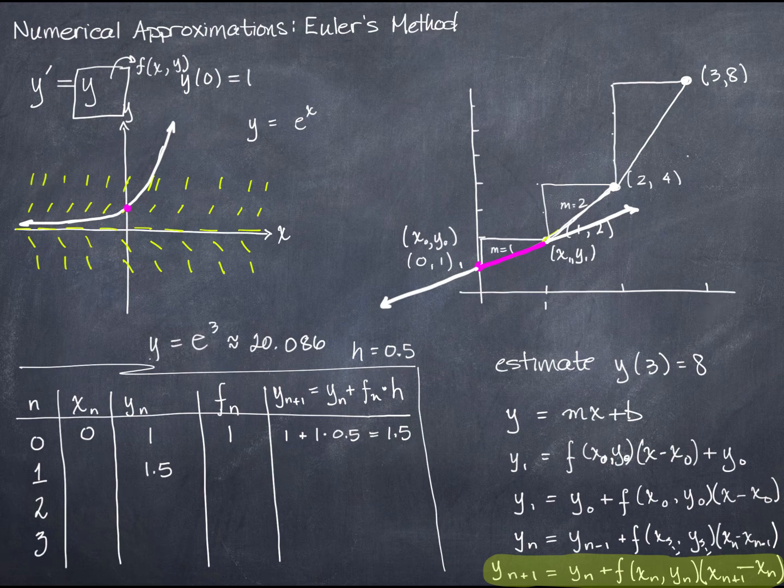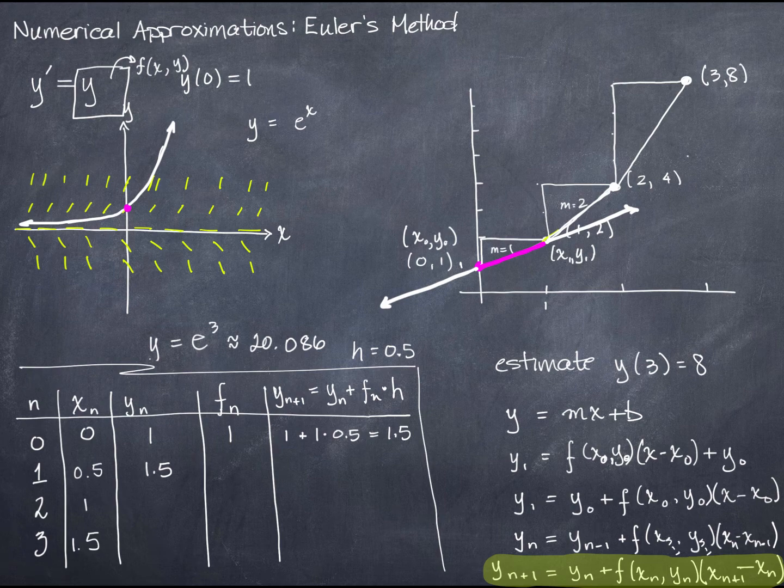So I'll write down x sub 0 is 0, x sub 1. How am I going to get that x value? Every x value is half a unit over from the one before. So I'm just going to make this column by adding a half to each x before it. So that's going to be 1/2. I'll write it as 0.5, and then 1, and then 1.5, and then I'll see if I want to do any more.